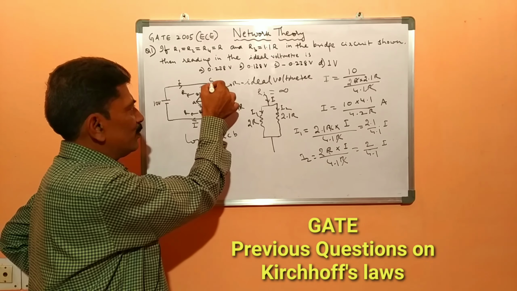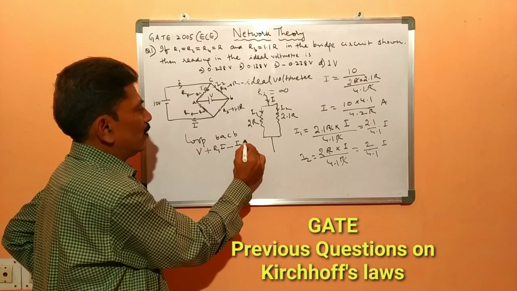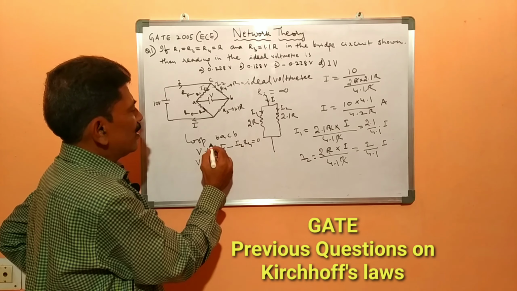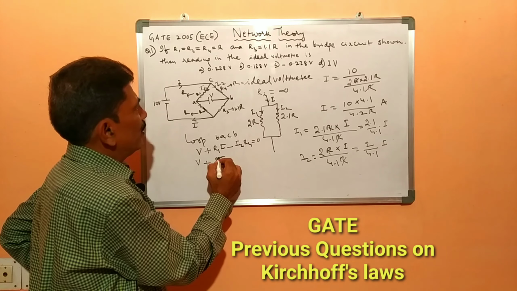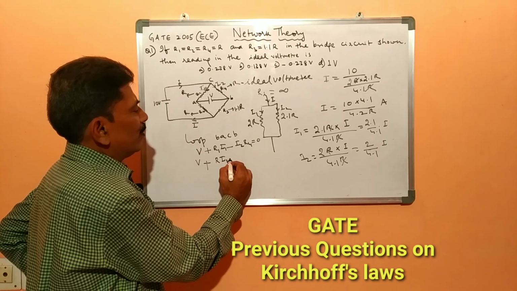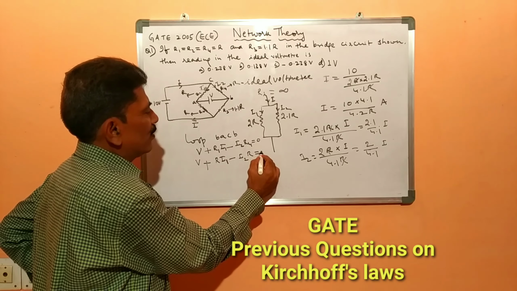Now we are moving against the direction of current, so it is minus I2 into R4, equal to 0. V plus R1, which is R, into I1, minus I2 into R4, which is also R, equal to 0.